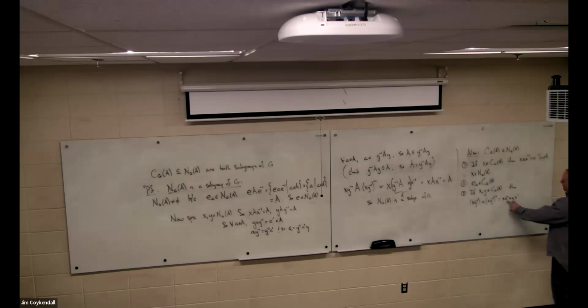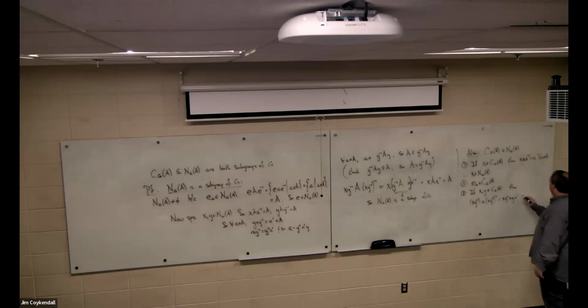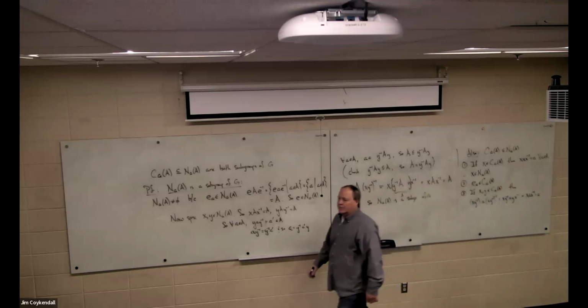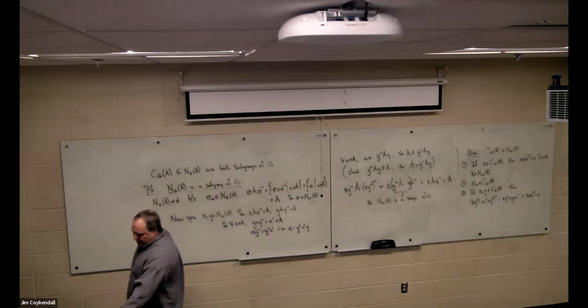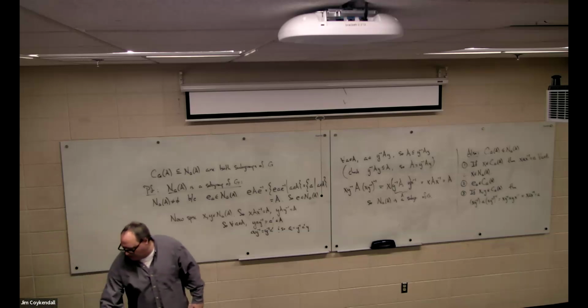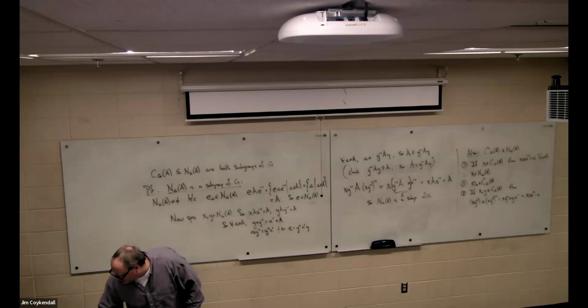Because A is in the centralizer, it commutes with Y, and this is X, A, X inverse. X is also in the centralizer, so it commutes with X, and I get A. So the centralizer is in fact a subgroup of the normalizer. The subgroup criterion does make this a bit easier than having to pick through all the separate details.